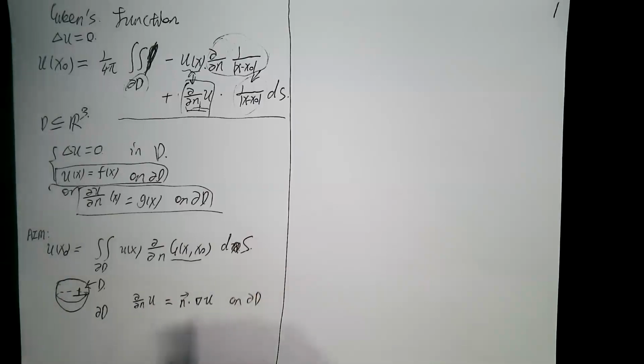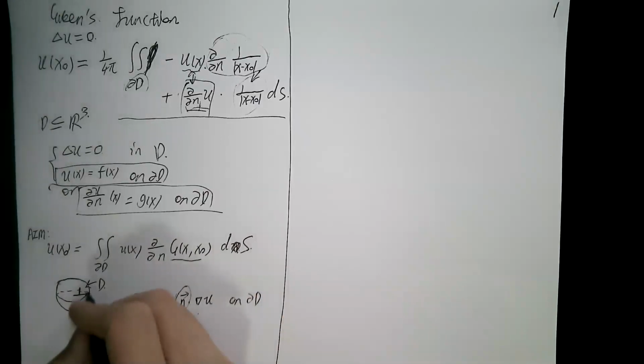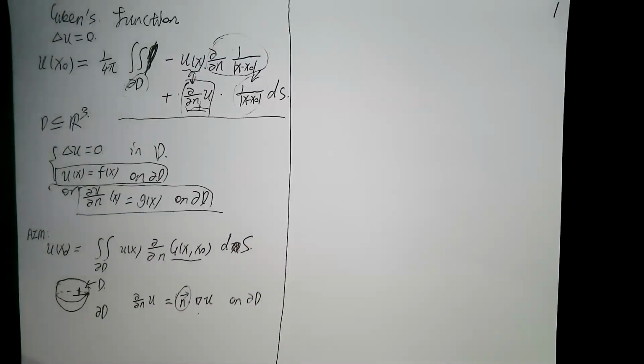Then this is a definition of partial n. The only question now is, what is this vector? At a given point x, you want to find the normal vector, which means perpendicular to this ball.